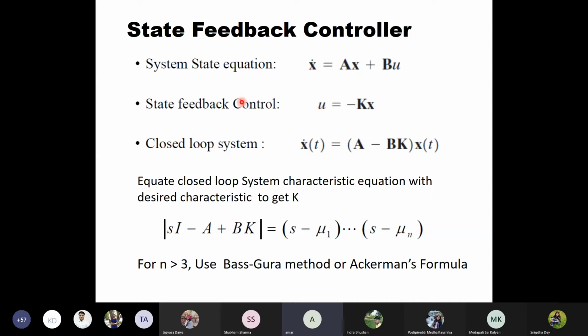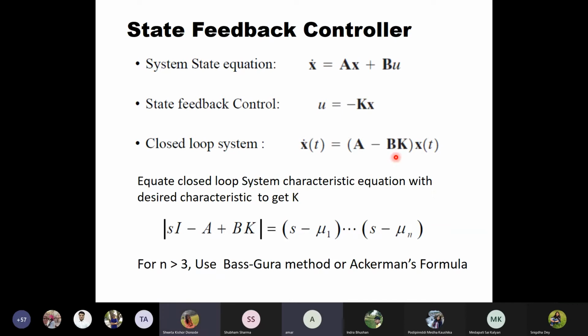If we put the state feedback control law in the system state equation, then we have the closed loop system as x dot(t) = (A - BK)x(t). So the state feedback controller design is basically nothing but finding out the values of K.